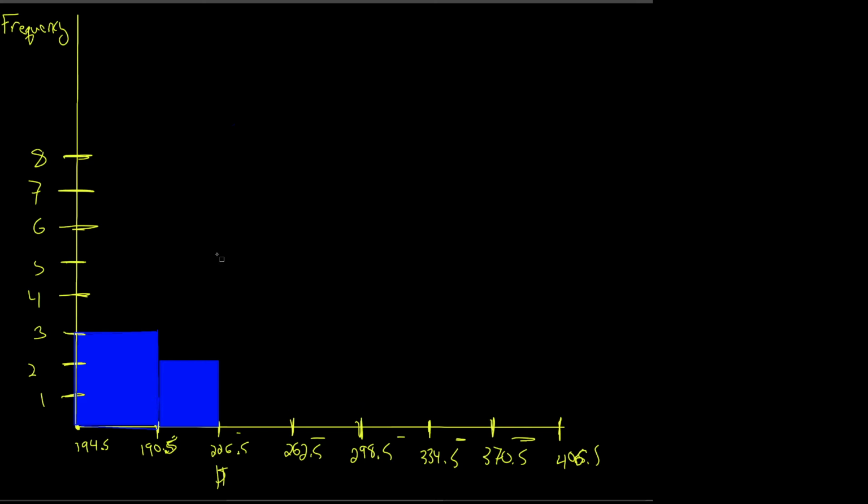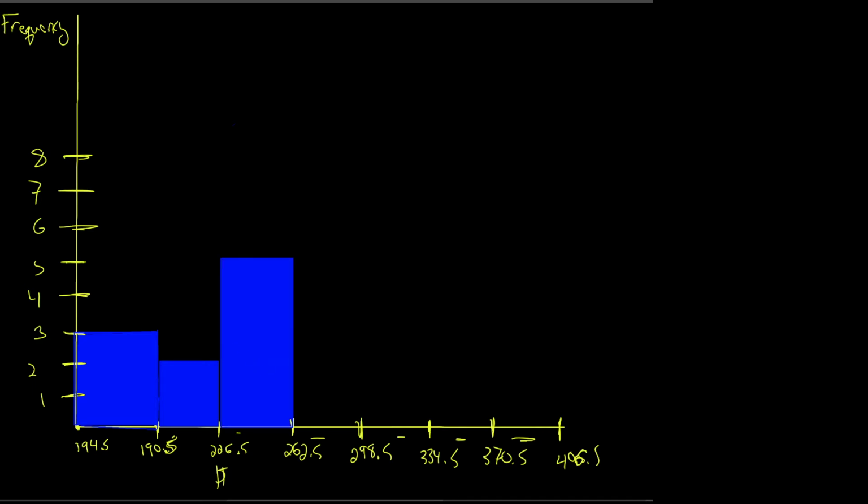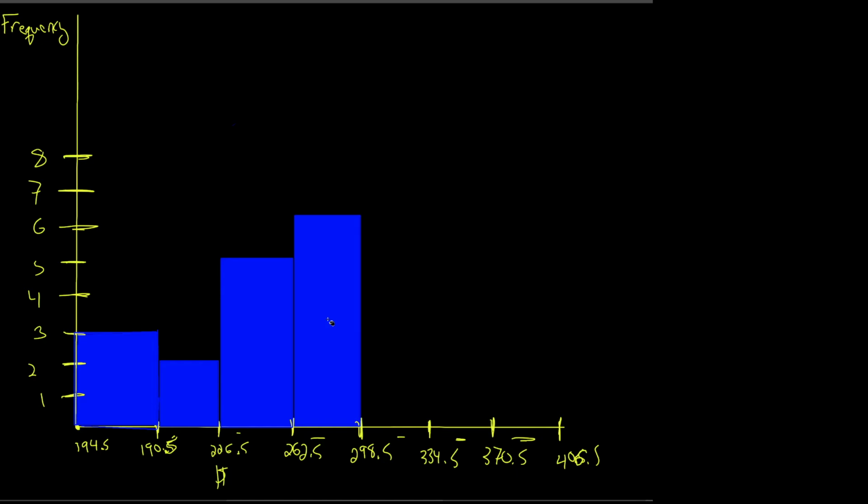I'll go up to 5 here. And then I had 6. And then 7. So I'll draw a line of 7.